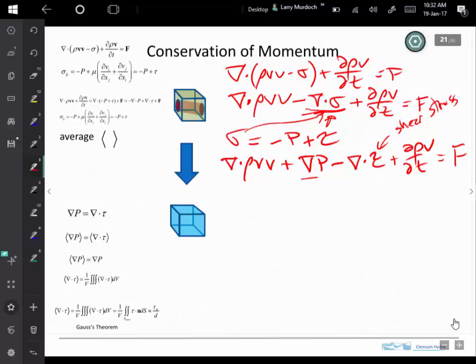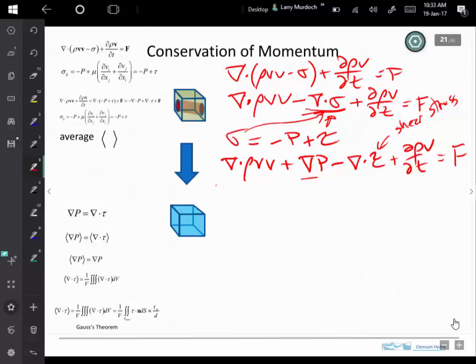Shear stress is a tensor, so we have the divergence of this tensor. Okay, so this is conservation of momentum for a Newtonian fluid. Okay, and it has these various terms.